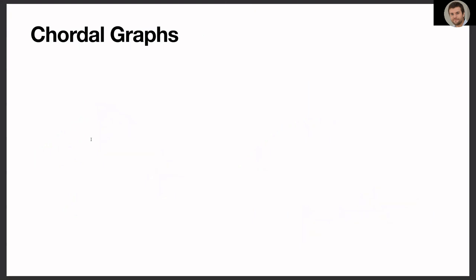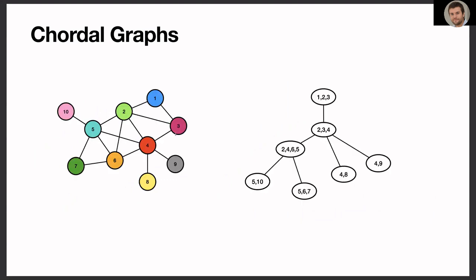So let me talk now about chordal graphs. Roughly, chordal graphs, as you might know, are the graphs whose only induced cycles are cycles of length 3. So any cycle of length greater than 3 has a chord. Another characterization of chordal graphs is called a clique tree, or intersection model of a tree.